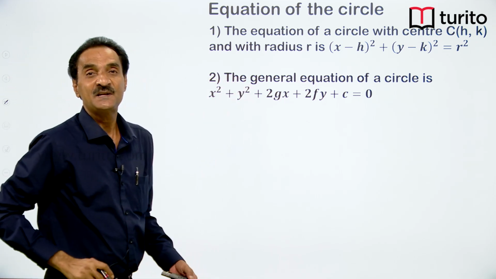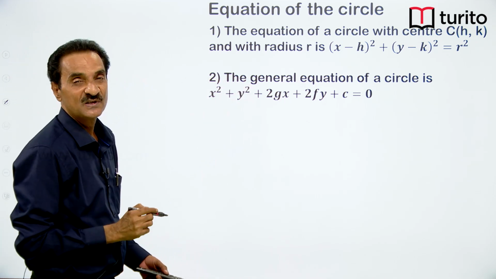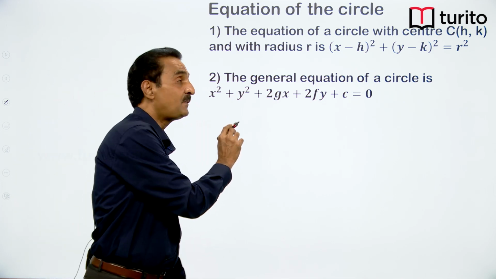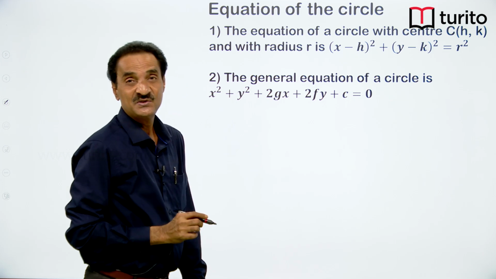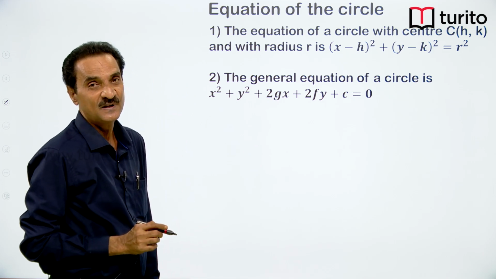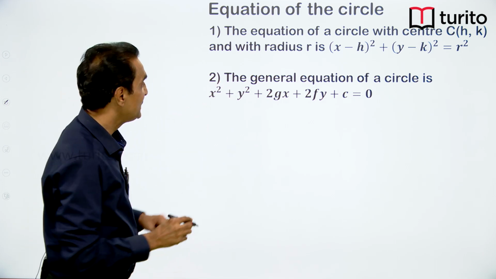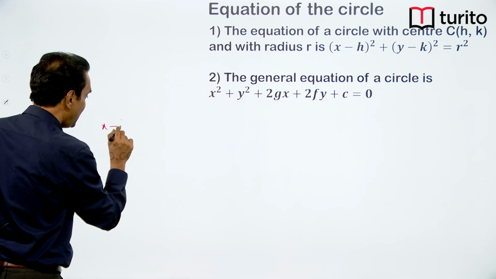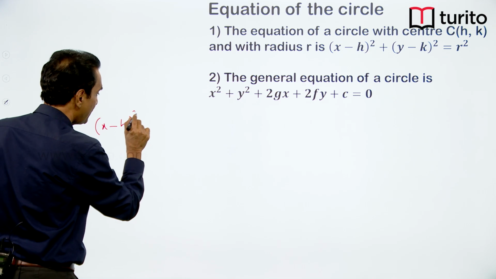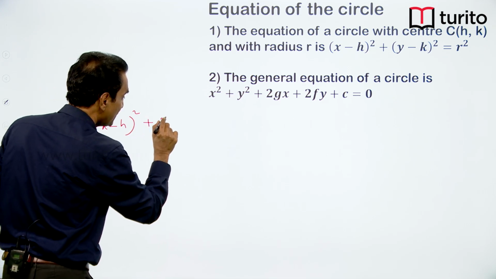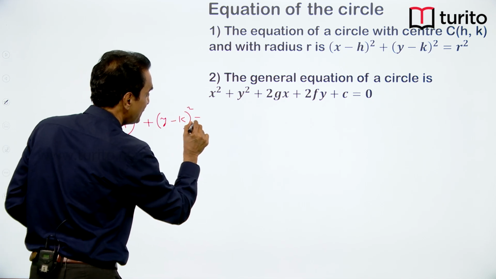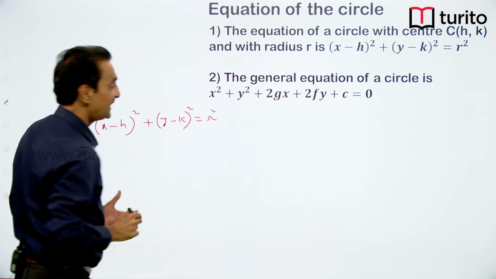If you simplify the equation (x minus h) whole square plus (y minus k) whole square is equal to R square, you will get the equation in the form of x square plus y square plus 2gx plus 2fy plus c is equal to 0. Let us see. (x minus h) whole square plus (y minus k) whole square is equal to R square.